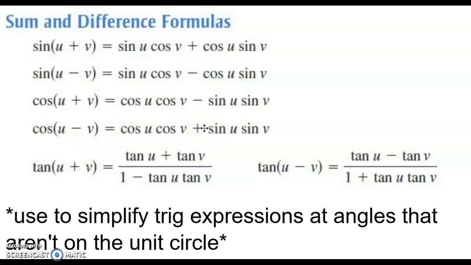And so the way it appears on the formula sheet is, this part of it is a plus minus sign, but then within the formula, it's got a minus sign on top and a plus sign on the bottom, which basically just makes you remember that it's the opposite sign within the formula.